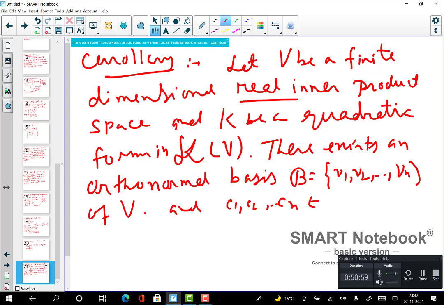R. So this is real, remember. This is an element of R. Okay. So this Ci may not be distinct. So C2 can be equal to C3 or C5, anything.